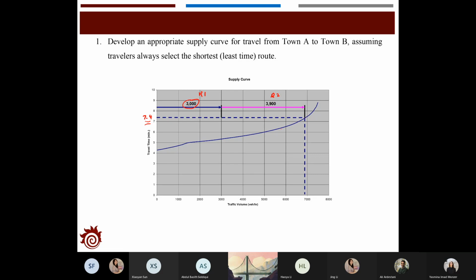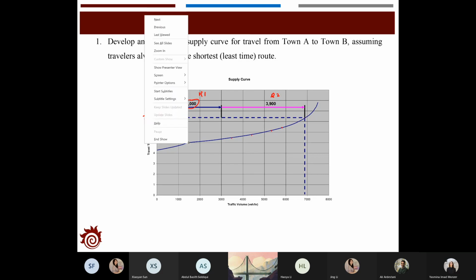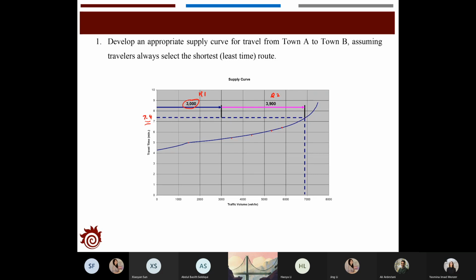You can find out the other points with a similar strategy, and this is the part where you will observe that below this line, all vehicles will just take route 1, and above this line, vehicles will take both route 1 and route 2.